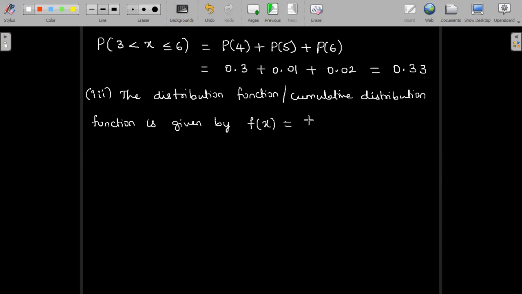So F of x is equal to probability of X less than or equal to small x, and that in turn is equal to the summation over i of p of xi, where i takes the value from 1 to x. And this is given by, let us write it down through the table itself directly, which will help us to do it quickly.